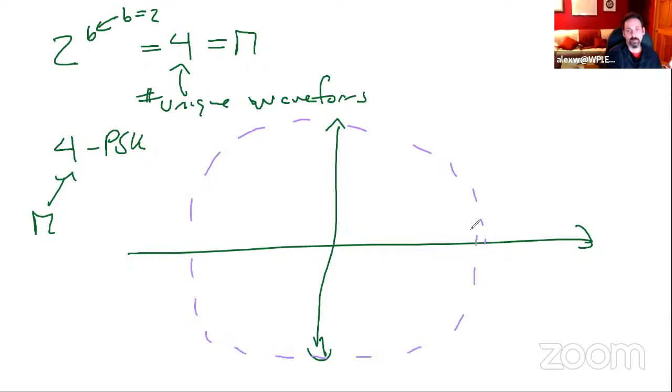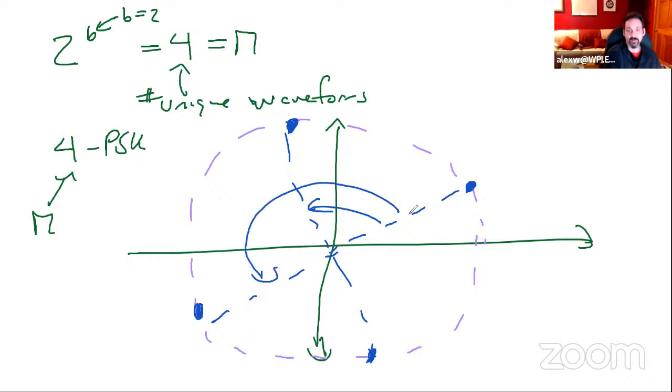So pardon my really poor drawing abilities. What we would have is, on this circle, suppose we have 4 dots, corresponding to 4 points, each one with a different phase value from each other. This might have a specific phase, this might have a different phase, this might have an even more different phase, right?